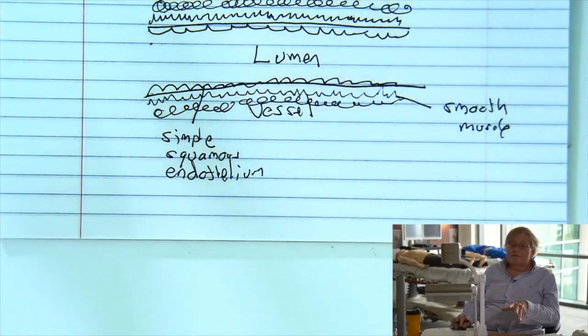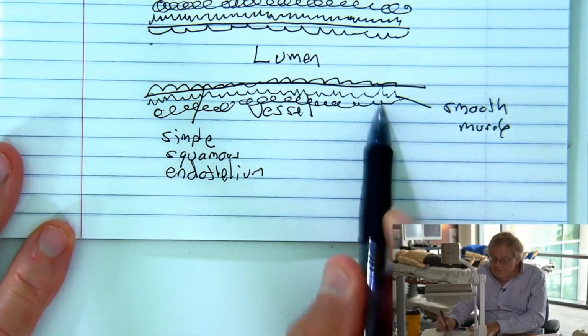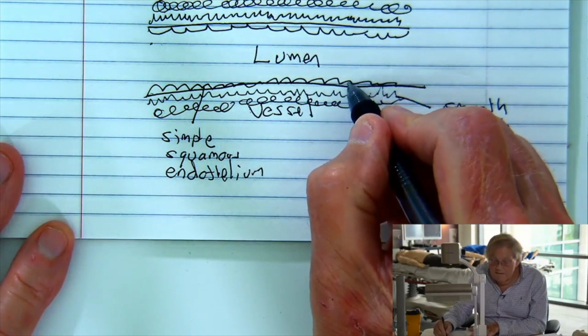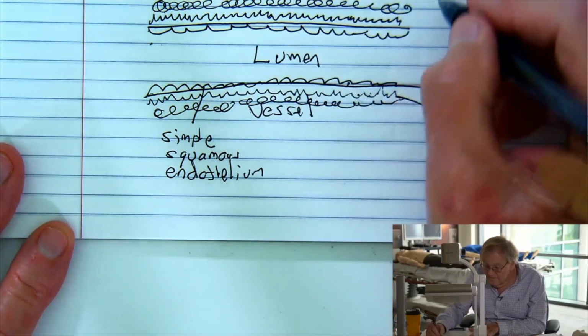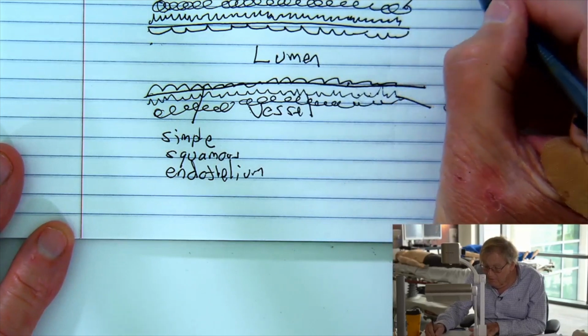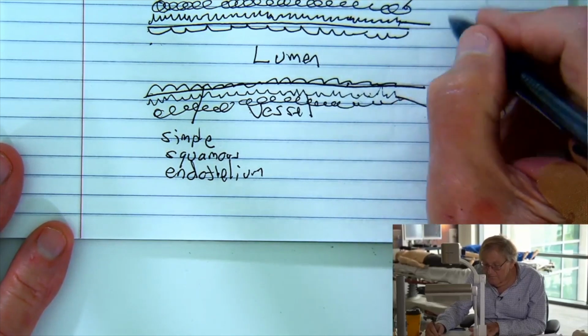And the significance, I just want to make sure you understand here, is that this lining of the blood vessel is called the tunica intima. This is the tunica intima, or the coat, the internal coat. This middle layer, where there's muscle, is going to be the tunica media.